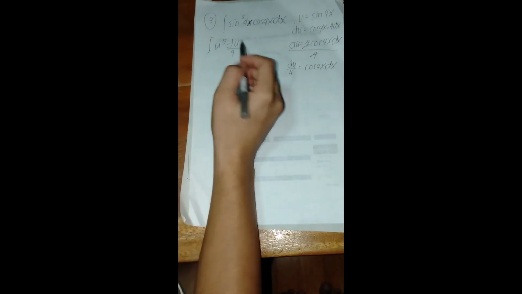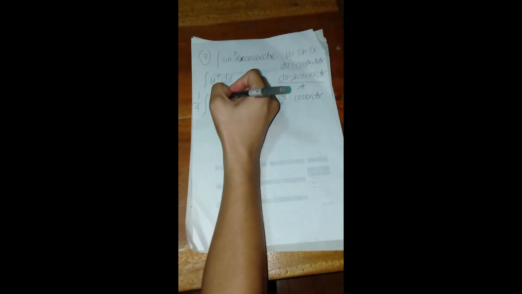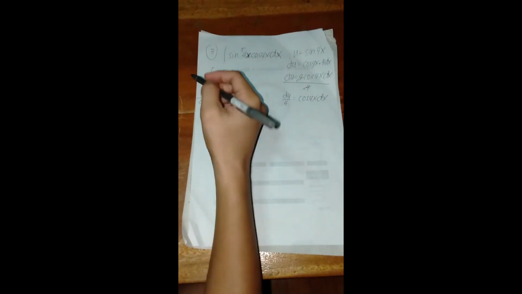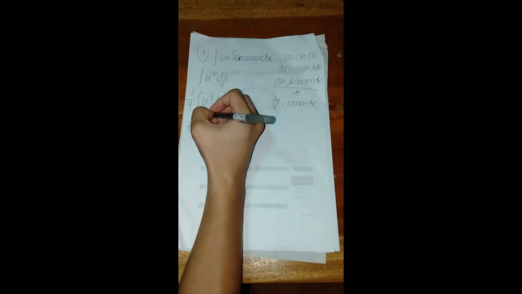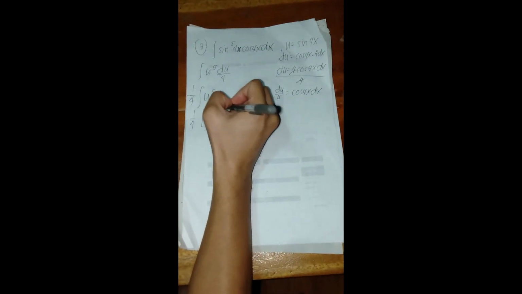Clear? Then, since may constant tayo na 1/4, ilabas natin. Mag-constant ilalabas. Then, sa integral sign, u to the 5 du. Then, madali na lang to guys. So, you have to use power formula na lang. So, applying power formula. So, 1/4 bracket, u to the 5 plus 1.